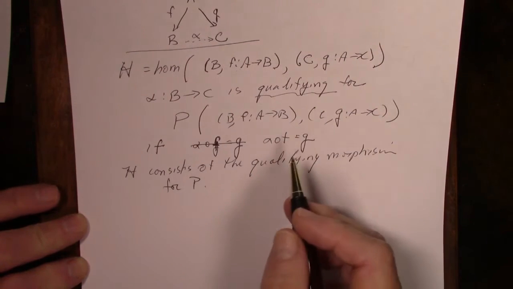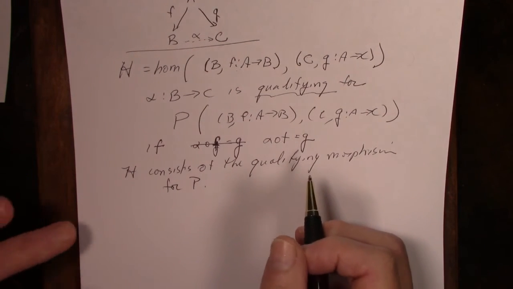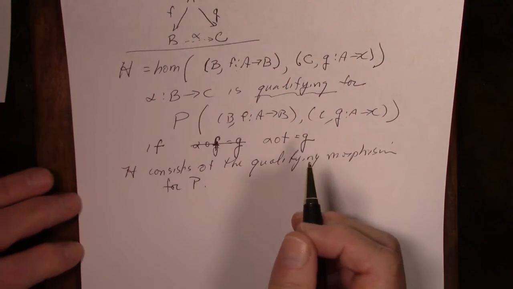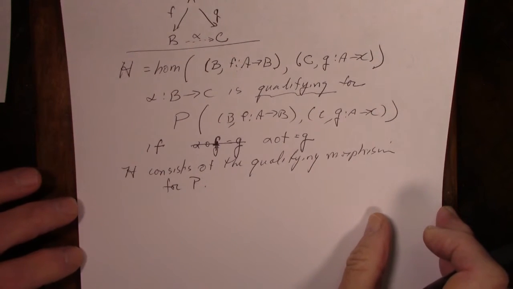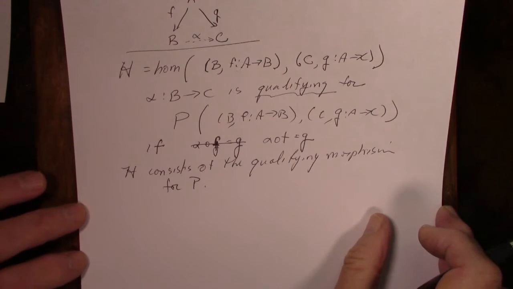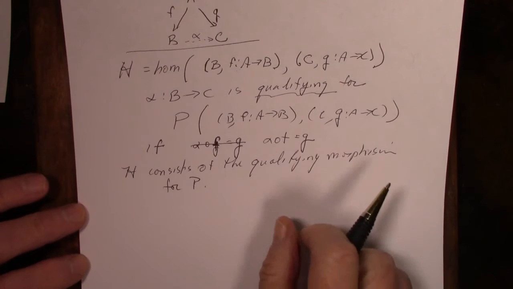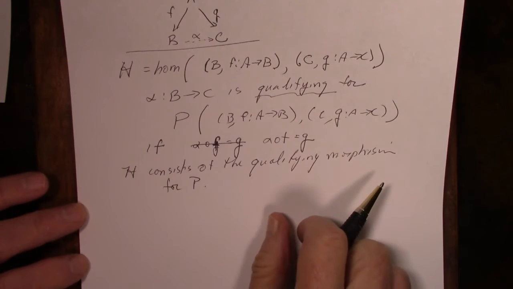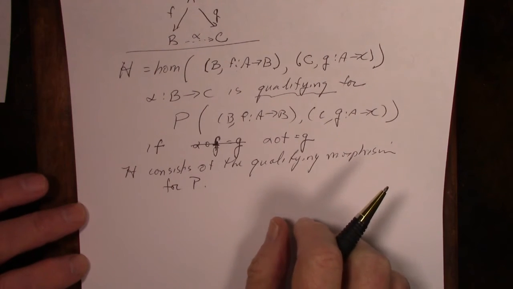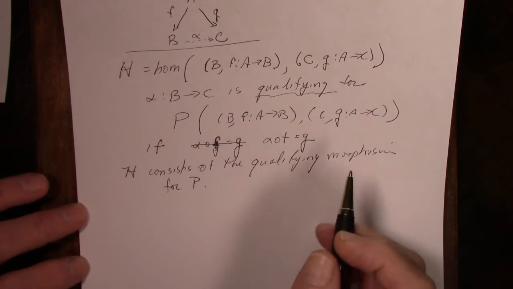So we have two contexts in which alpha exists. Or in other words, alpha exists in two different Hom sets, and that means it's two different morphisms because the domains are different and the codomains are different.